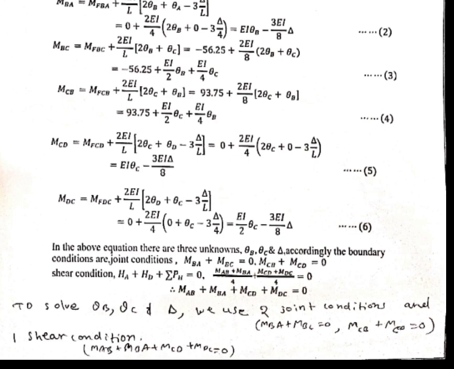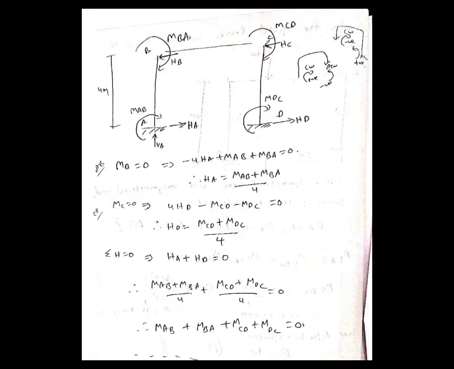Therefore MAB plus MBA plus MCD plus MDC equal to 0 is the other condition. This is known as shear condition. So using these three conditions we can solve the unknowns. So this is how we get the shear condition MAB plus MBA plus MCD plus MDC equal to 0, by applying moment about C equal to 0, moment about B equal to 0.